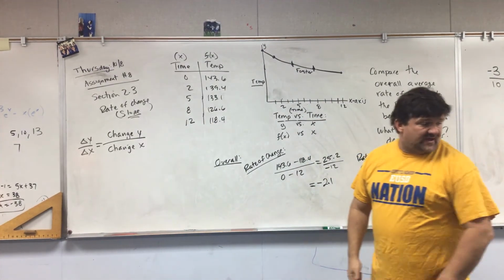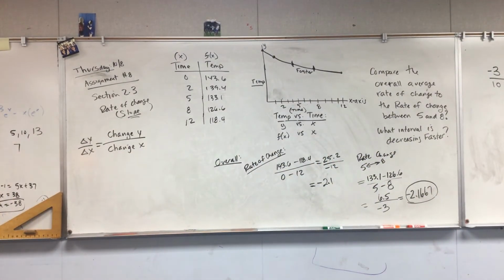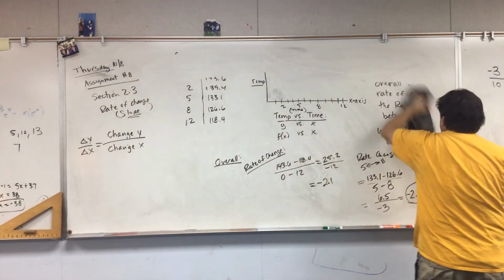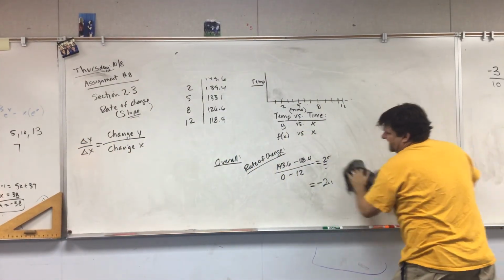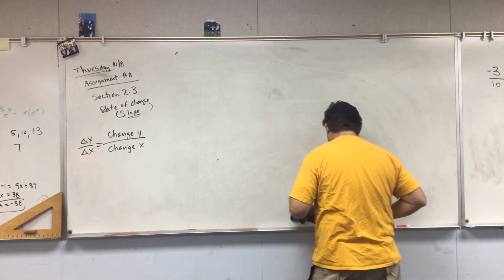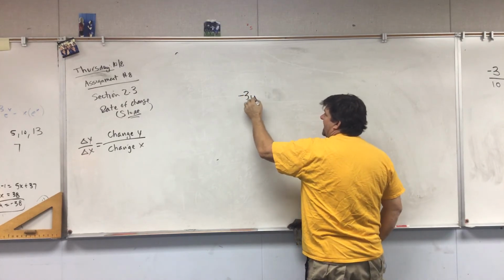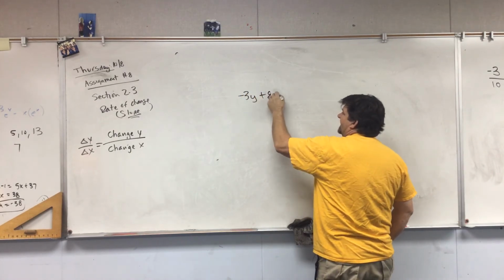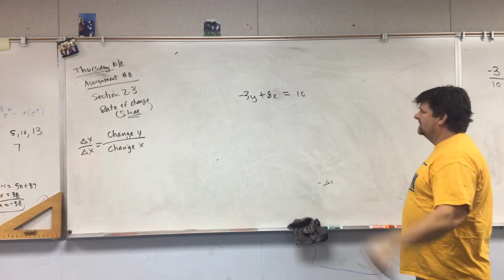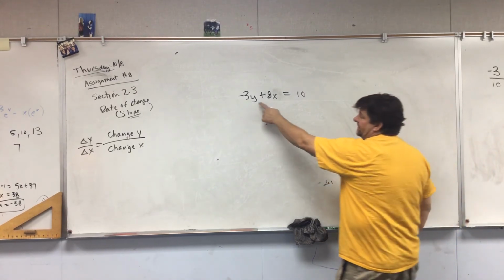And then they have one more thing, and you guys have seen this multiple times, and it's if they give you an equation. Let's say they give you the equation -3y plus 8x equals 10, and they go, oh, find the slope. There's a couple of little shortcuts that I know, but if you don't know what to do, just solve for y.